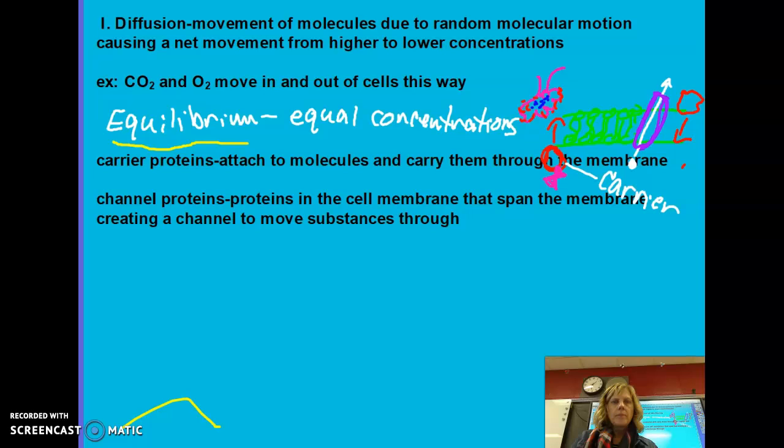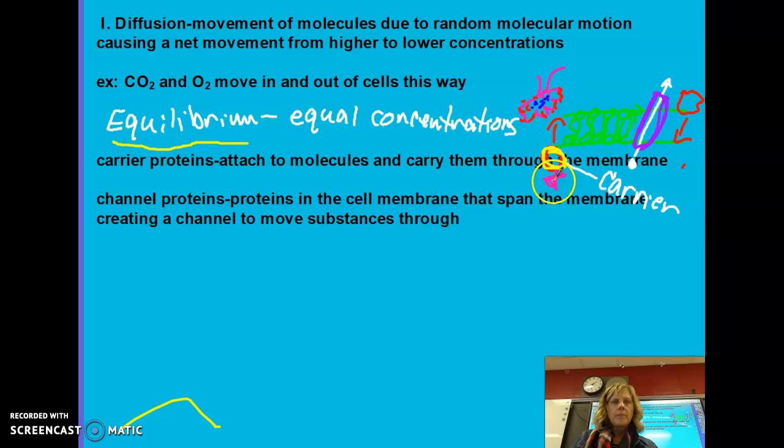So anyway, carrier proteins are molecules that are proteins that attach to certain molecules and carry them through the membrane. Like if this is a carrier molecule right here, we outline this in yellow. I'm drawing with my mouse now. So if this is the carrier protein, you'll see that it's a peripheral protein.